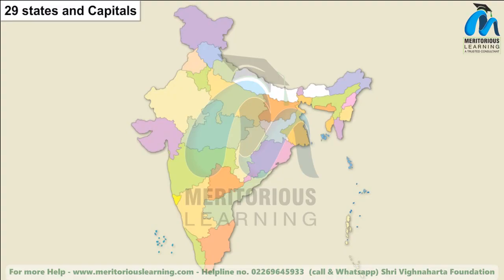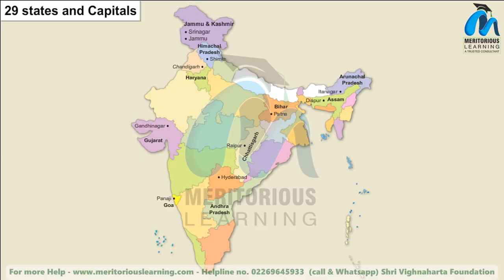29 states and capitals. 1. Andhra Pradesh, Hyderabad. 2. Arunachal Pradesh, Itanagar. 3. Assam, Dispur. 4. Bihar, Patna. 5. Chhattisgarh, Raipur. 6. Goa, Panaji. 7. Gujarat, Gandhinagar. 8. Haryana, Chandigarh. 9. Himachal Pradesh, Shimla. 10. Jammu and Kashmir, Srinagar, summer.